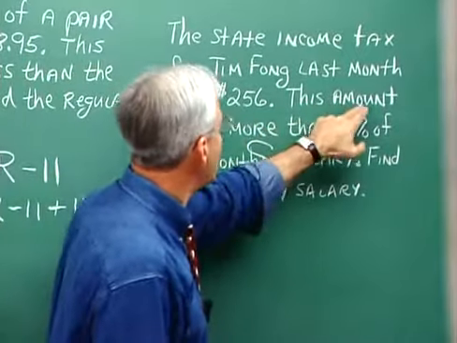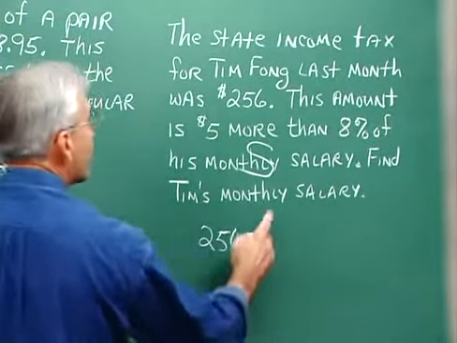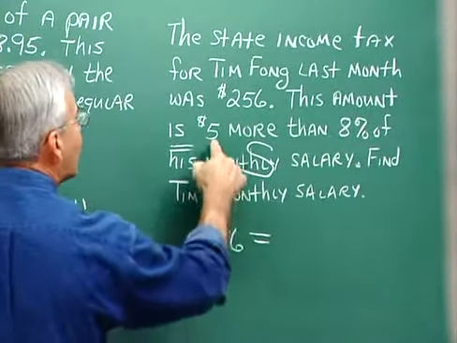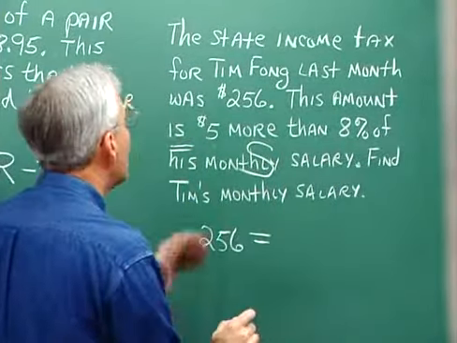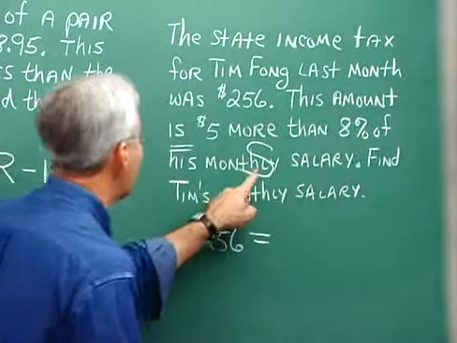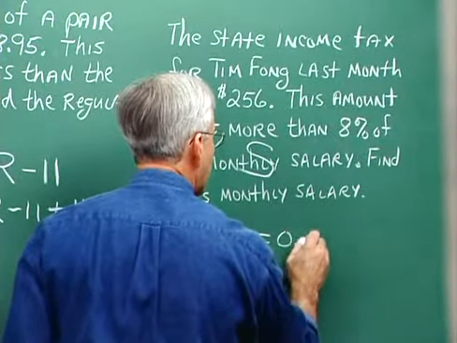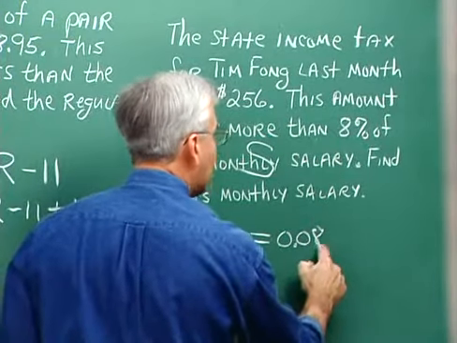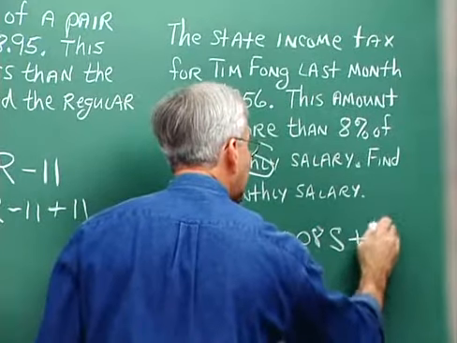All right, this amount is 256. This amount is equal to $5 more than 8% of S, which means 8% times S, and percents we express as decimals like this. 5 more than this means add 5 to it.